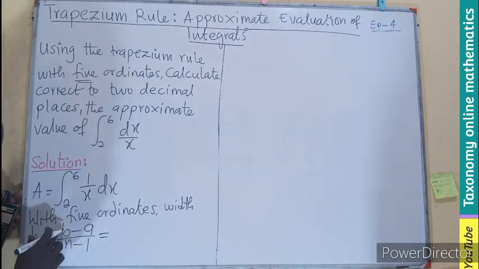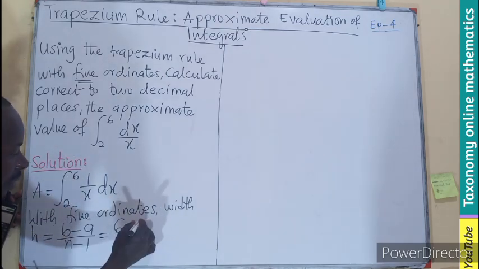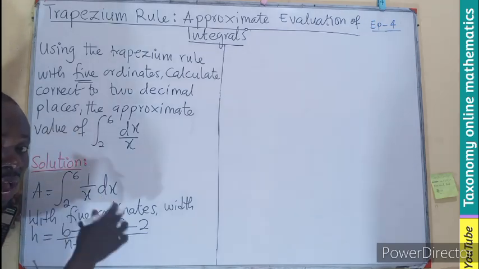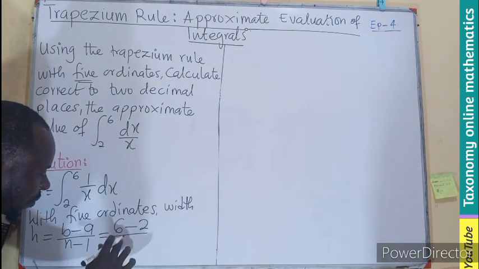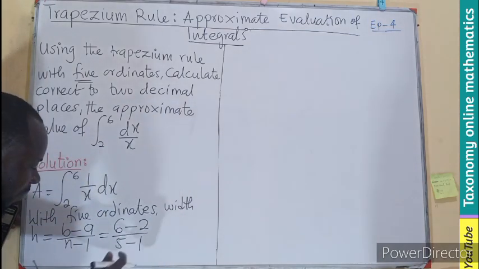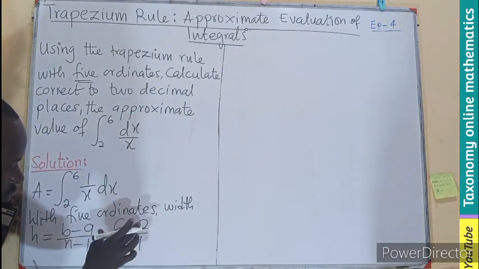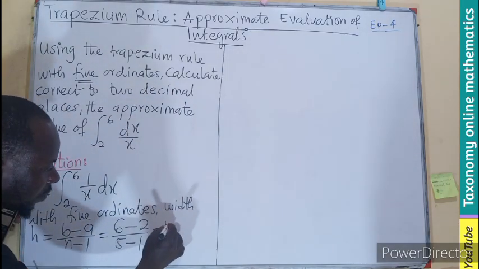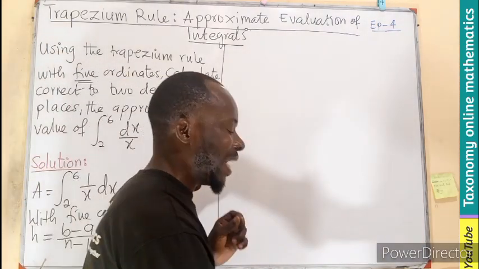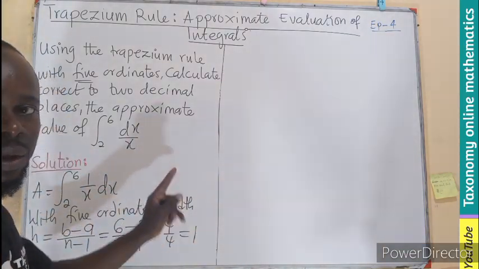The upper limit is 6 minus the lower limit 2, divided by the number of stripes, which is 5 minus 1. 5 minus 1 gives us the number of stripes, while 5 gives us the ordinates. So this is going to be 4 divided by 4, which is 1. So the interval we are going to be adding to the lower limit to move to the upper limit is going to be 1, 1, 1.